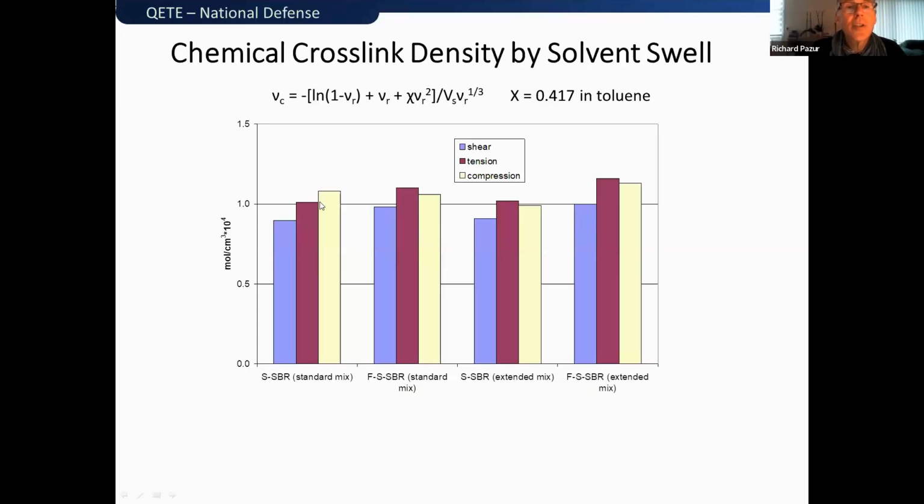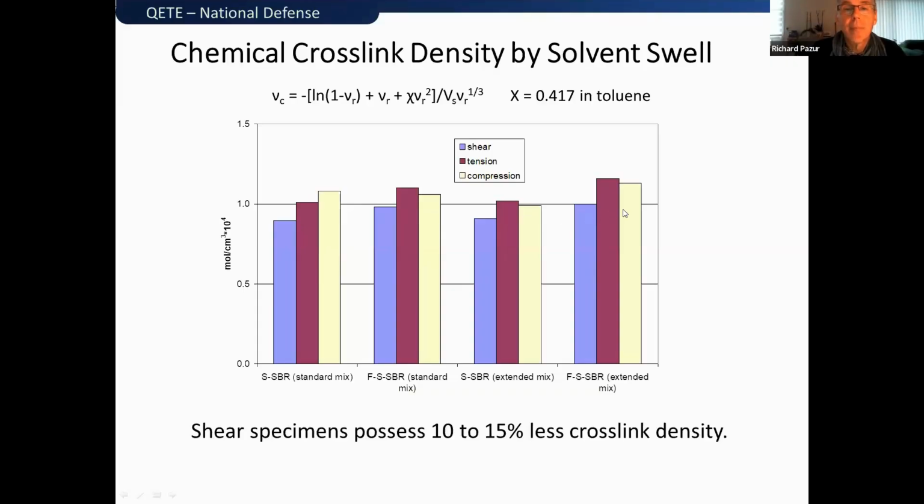The tension and the compression are much closer, but they still have some difference between them. So in particular here, we're just highlighting the fact that the shear specimens possess a 10 to 15% lower cross-link density. Cross-link density, of course, is going to be proportional to modulus. So that's going to definitely affect the shear modulus that we're seeing. So we're going to get a smaller value for the modulus under shear. So that's one thing to consider, why we're seeing differences.